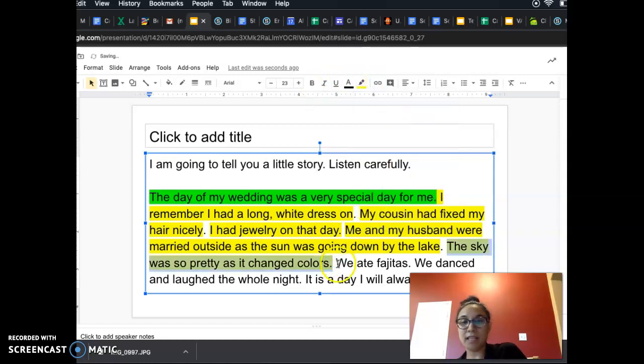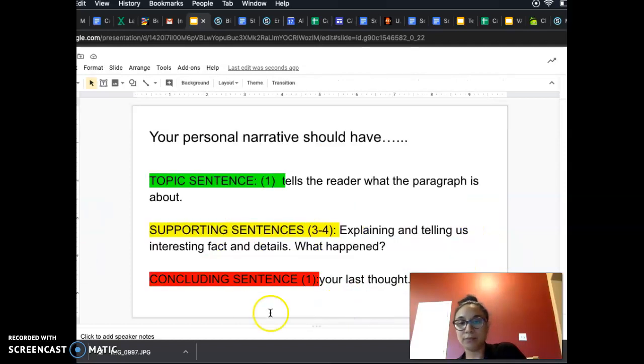We ate fajitas. We danced and laughed the whole night. Another detail. Somebody might ask me, what did you guys eat? What did you guys do? What happened that night? I'm explaining it to you. We ate fajitas, we danced, we laughed. So that last sentence that I should have left should be my what?